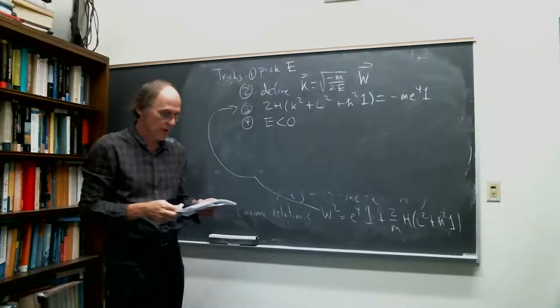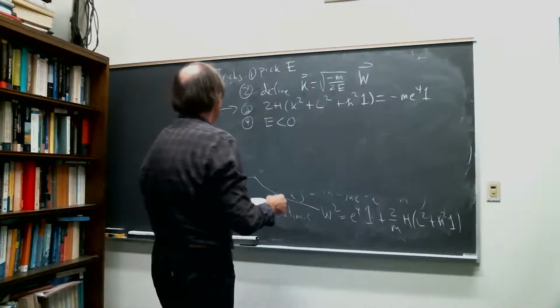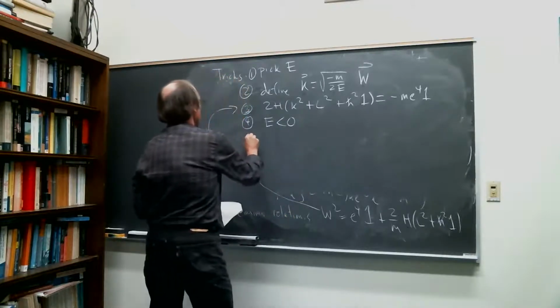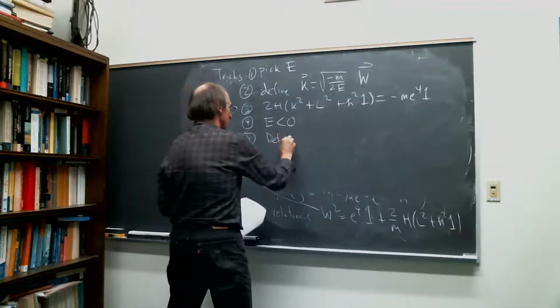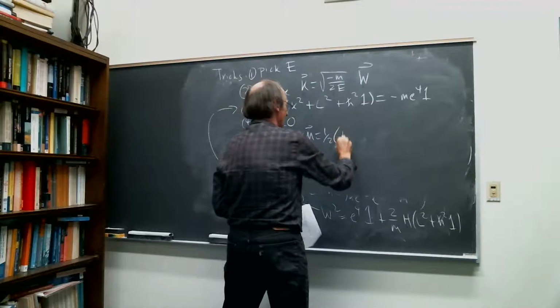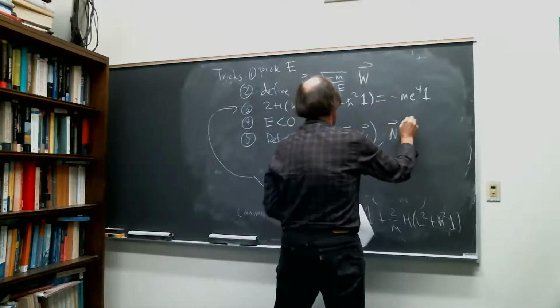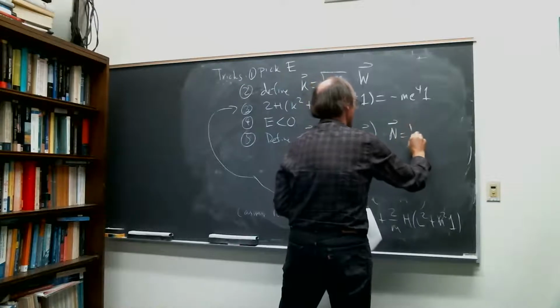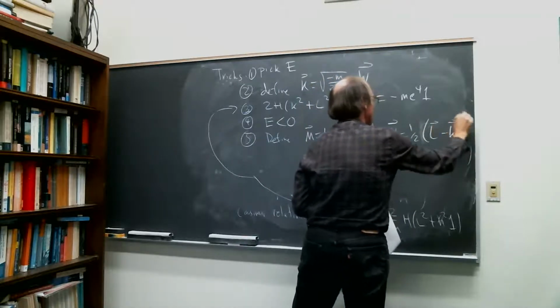And then what you can do is define m as a half L plus k, n vector as a half L minus k. Okay.